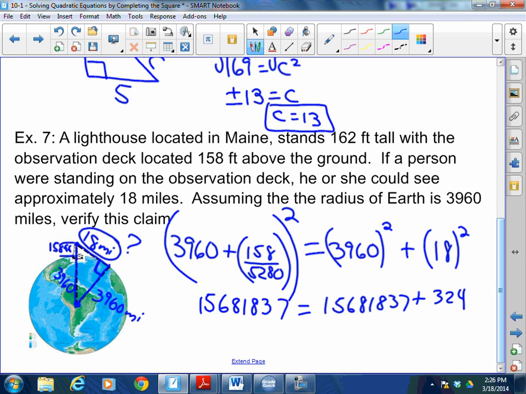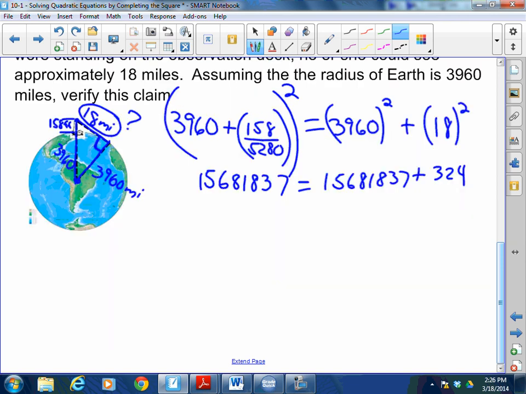No. Oh, wait, I did something wrong. This one here I did wrong. Hold on. So I got 3,960 plus parentheses 158 divided by 5,280. That equals, square it. Yeah, it's insignificant here. It's pretty much the same thing here, guys.